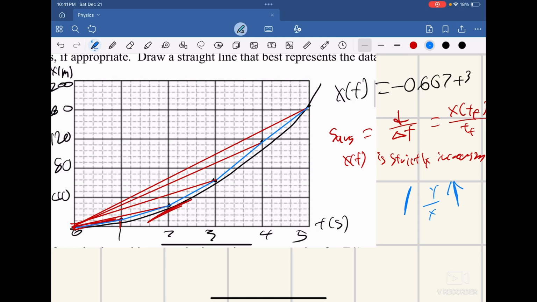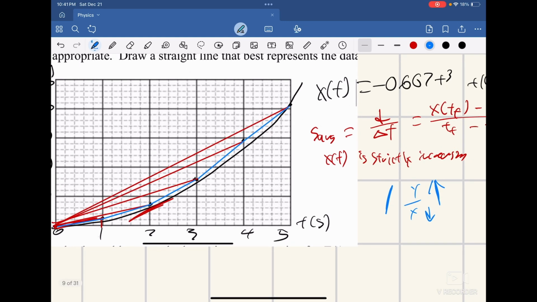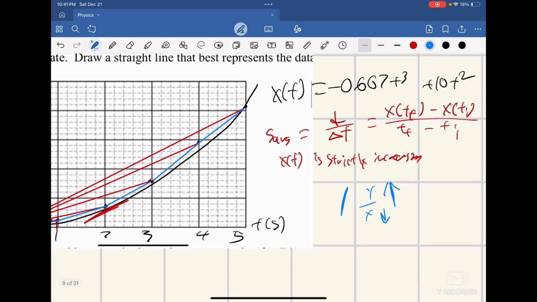So the y change is very great and the x change is small. Additionally, since S average is given by the slope from t equals 0 to t equals 1, and so on, and the slope becomes steeper in each time interval, S average will therefore become greater. Because as we stated, the S average is just a slope, and since the slope is getting steeper, S average is getting greater.